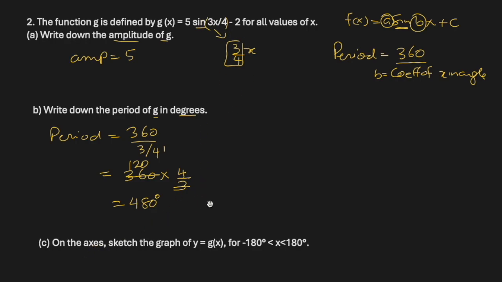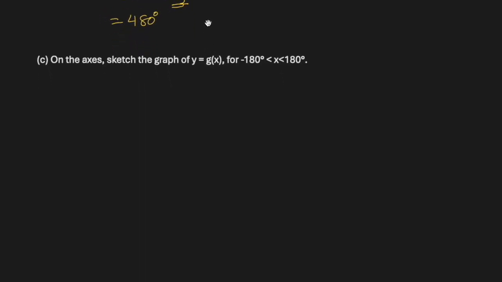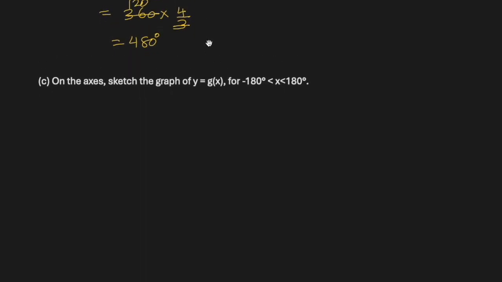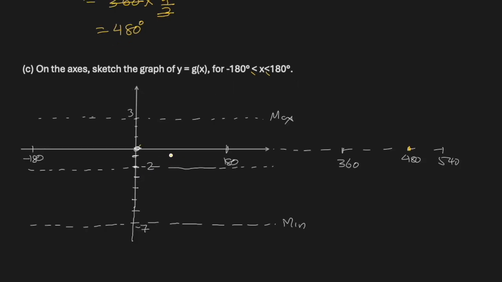On the axis, sketch the graph of y equal to g(x) from minus 180 till 180, and this is equal sign also. So let me draw axis. So now our job is to complete one cycle of graph in 480 starting from 0, and we'll start from axis.